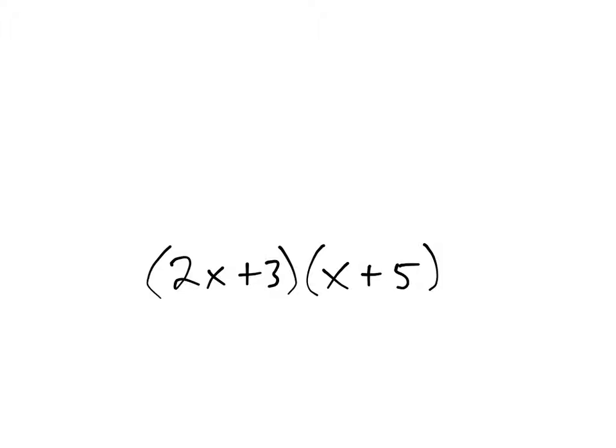Okay, so I will be taking this 2x here, and I will be multiplying the 2x times x to get what? 2x squared. And I will take the 2x also times the 5 to get 10x, a positive 10x.